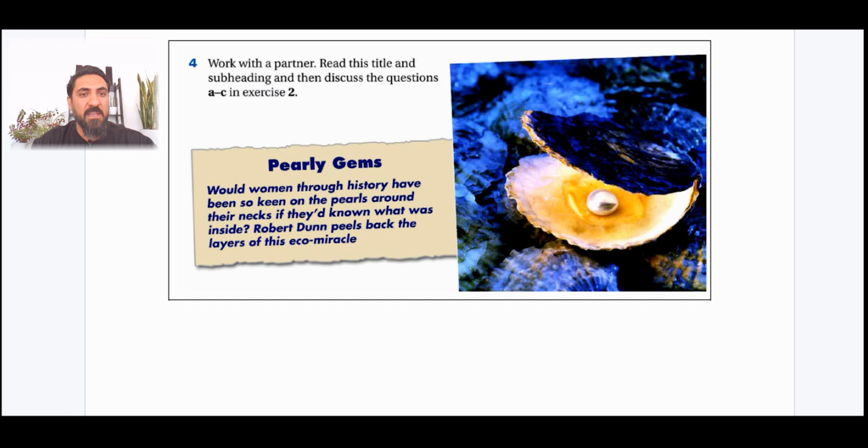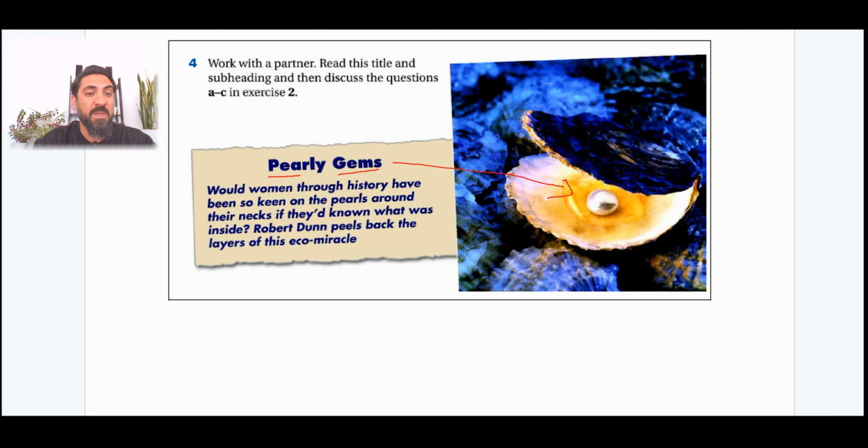And let's read the topic and subheading. As you can see, the topic is pearly gems. Gems means stones like this one, and pearly means shining, something which is very beautiful and shiny, like gold. Would women through history have been so keen on the pearls around their necks if they had known what was inside them?